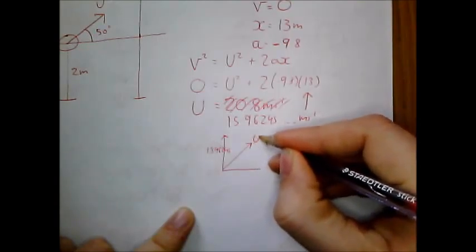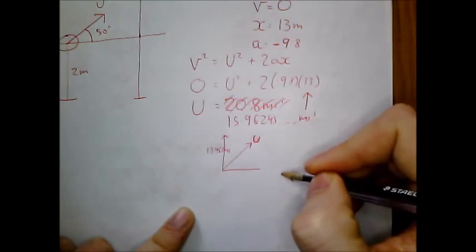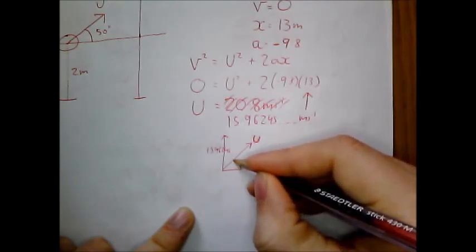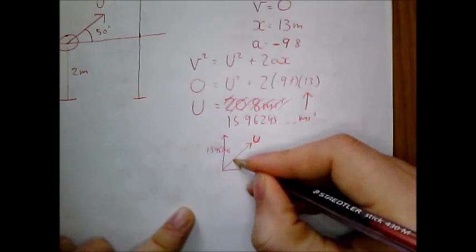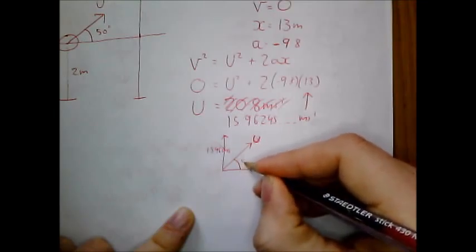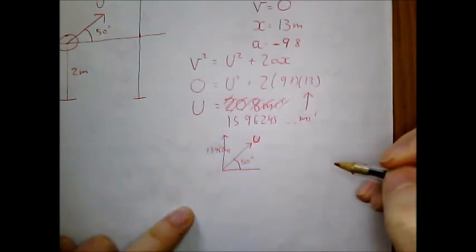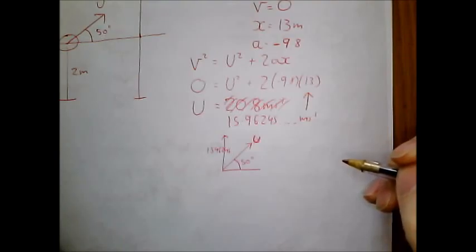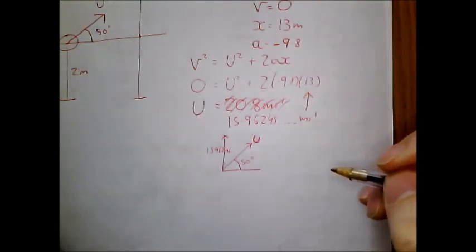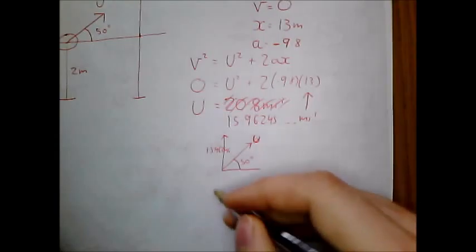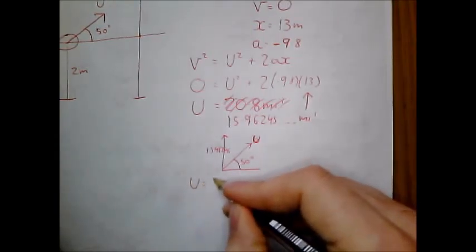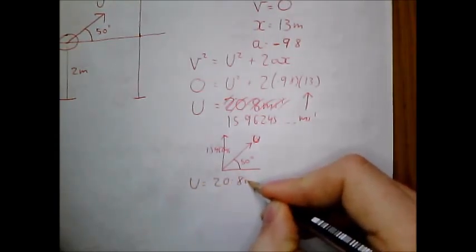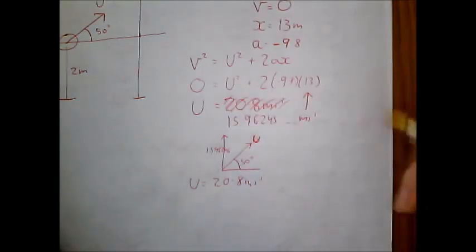So we want this, and we know that this angle here is 50 degrees. So using sine, you should find that u is 20.8 meters per second. And sorry about that little mistake up there.